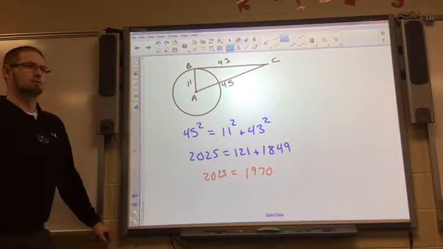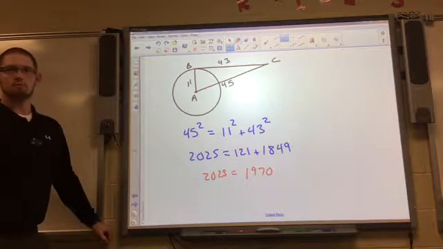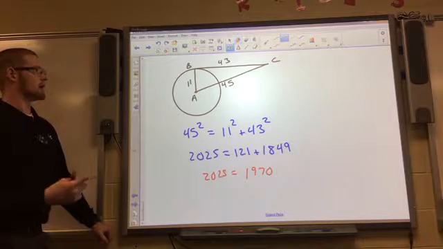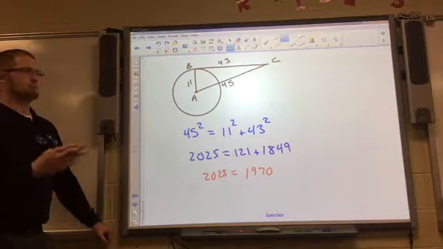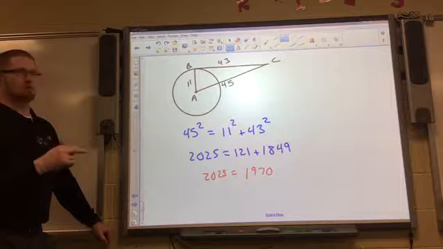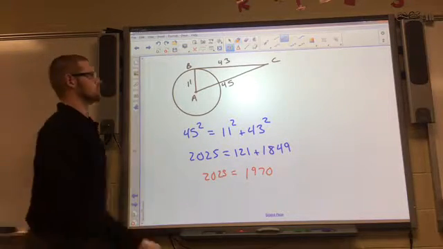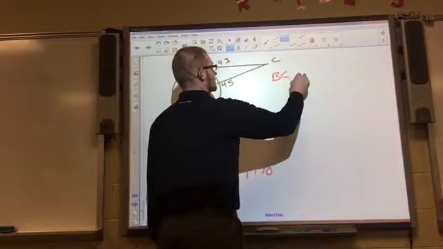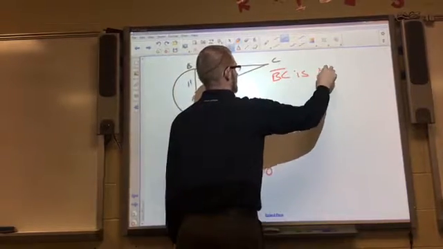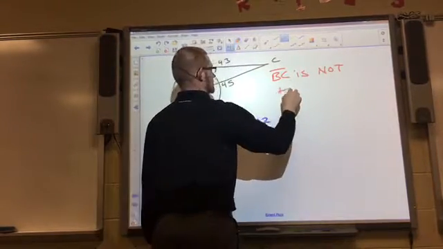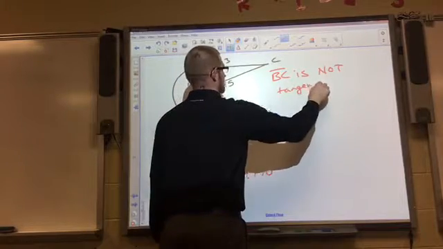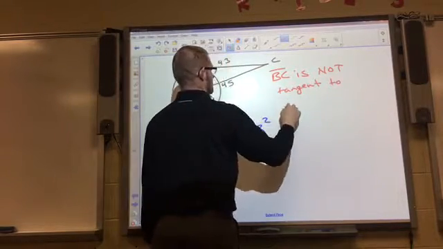Is that a right triangle? No. So, if it's not a right triangle, is BC tangent to circle A? No, it is not. Okay, so BC is not tangent to circle A.